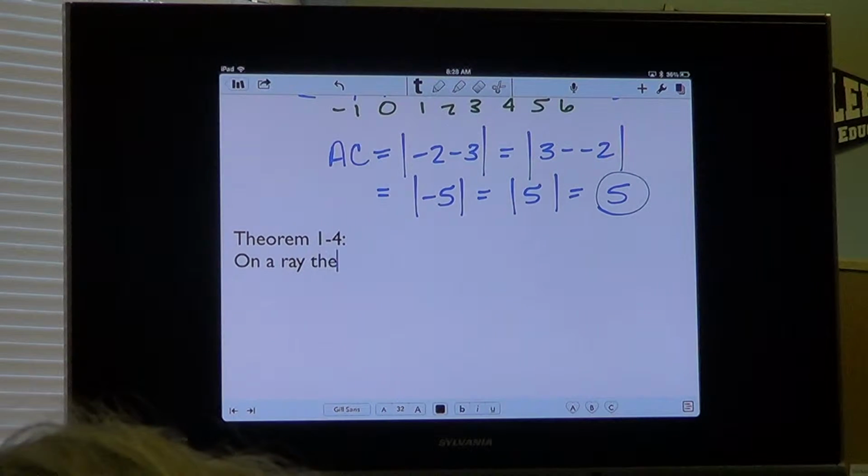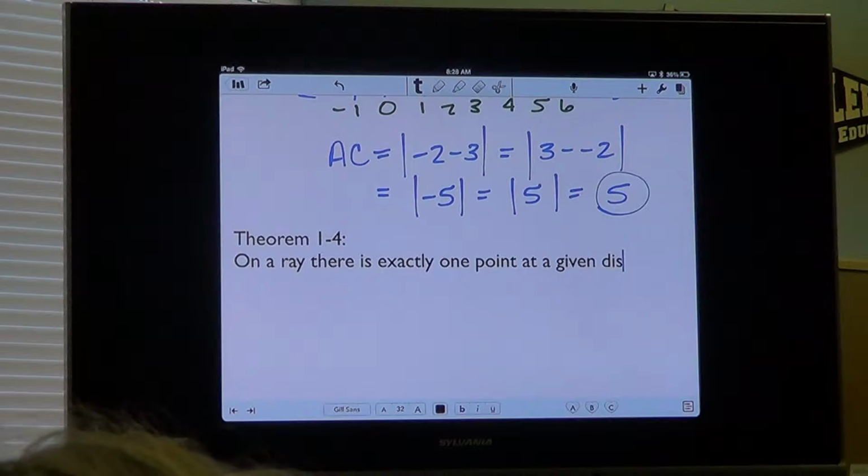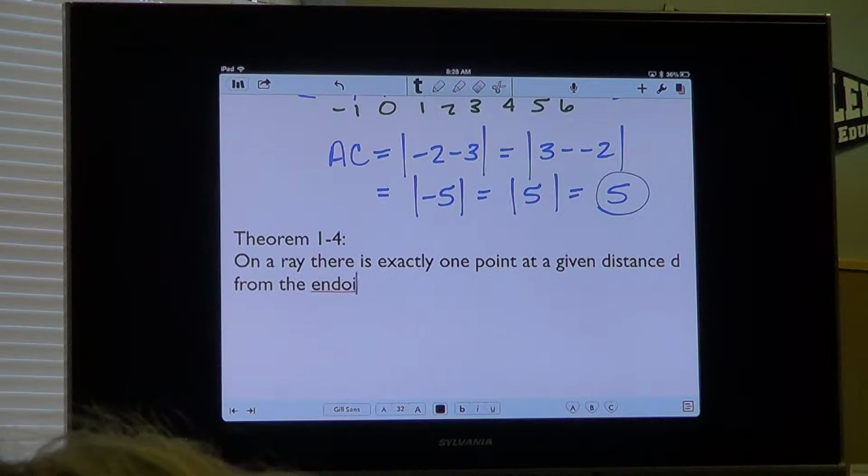That's what it's saying. So it says on a ray, there is exactly one point at a given distance d from the endpoint of the ray.